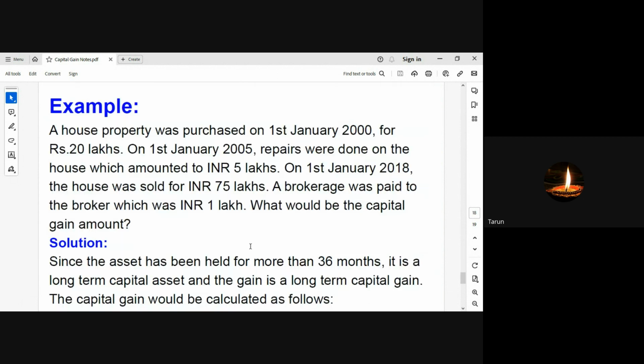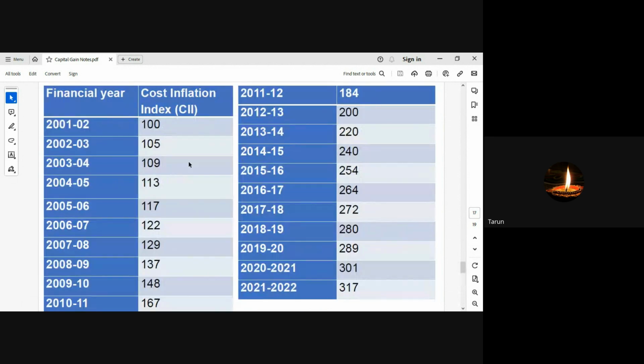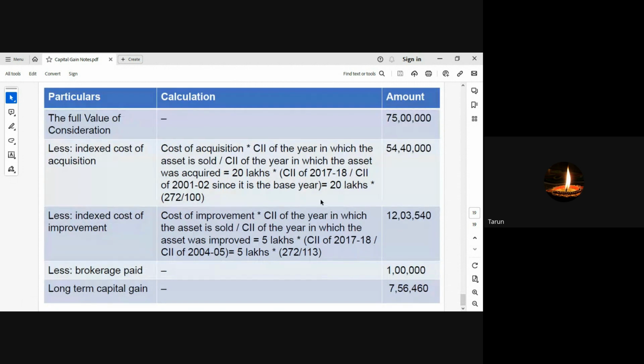The asset was purchased in 2000, which is before 2001, so the cost inflation index of 2001-02, that is 100, is considered. And for 2018, that is 2017-18, the CII is 272. So when we multiply the cost, 20 million, by 272 and divide by 100, you will get 54,400,000. Any doubt in this, students?